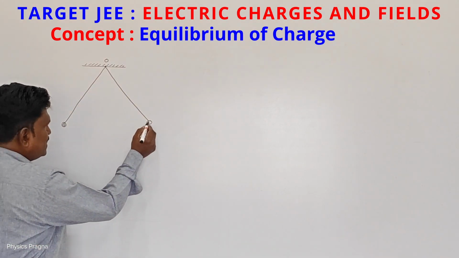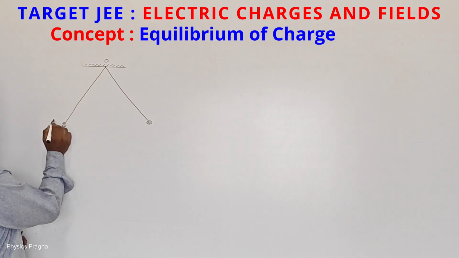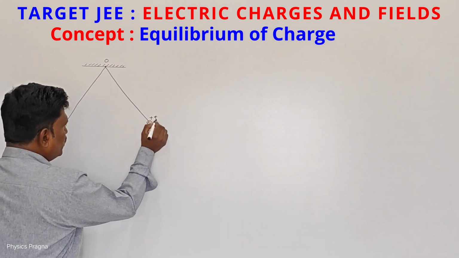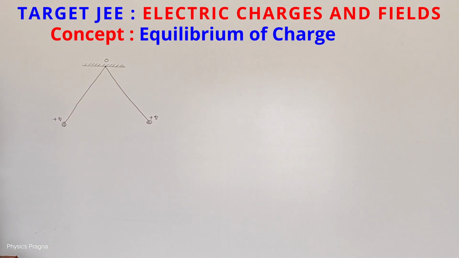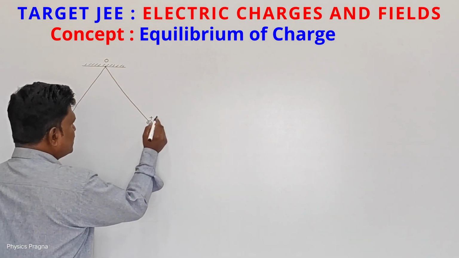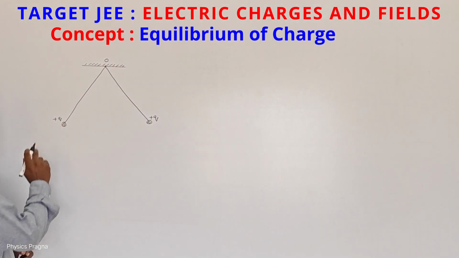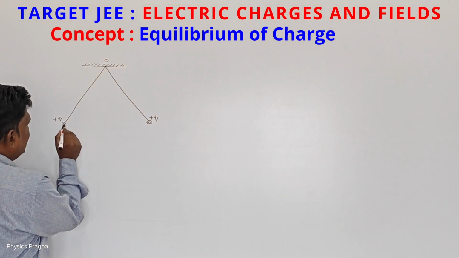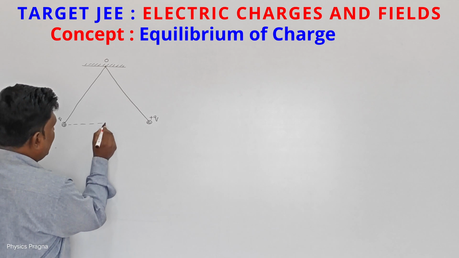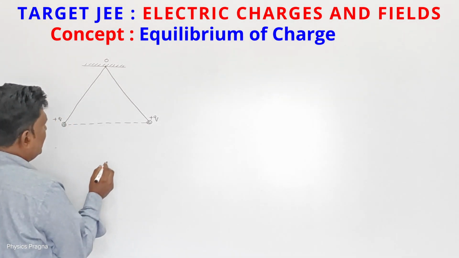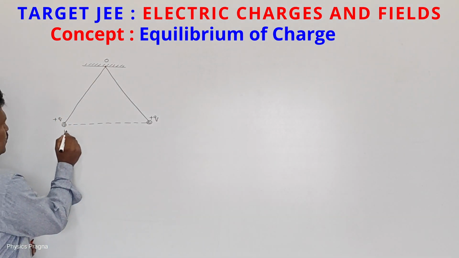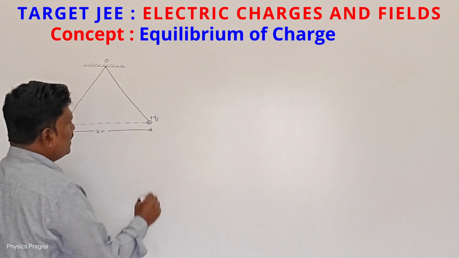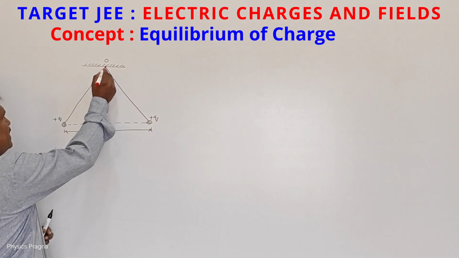These spheres are metal spheres, and they are given a positive charge. So both are similar charges. This is also plus small q, this is also plus small q. As both similar charges repel each other, they are separated by a distance 2r. I will draw a perpendicular bisector here.